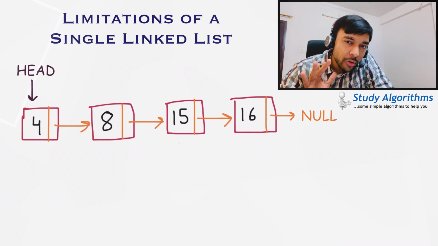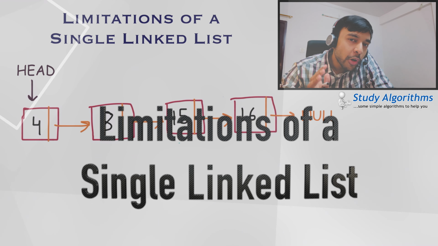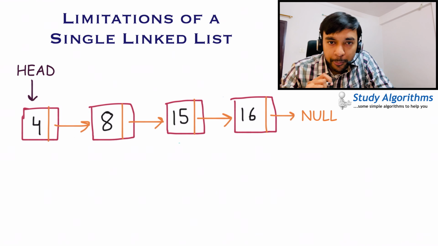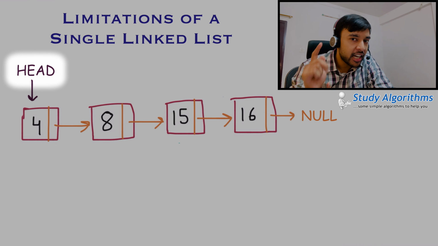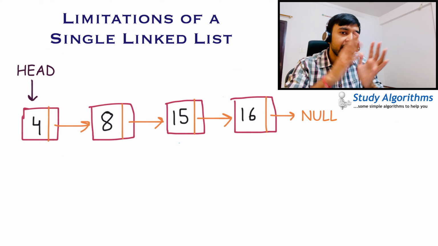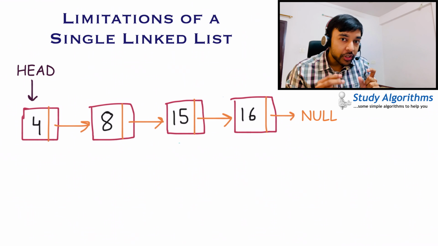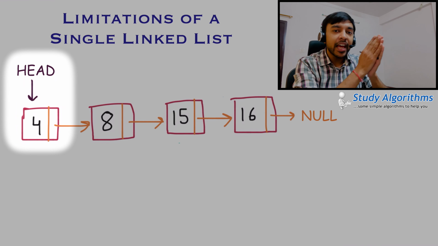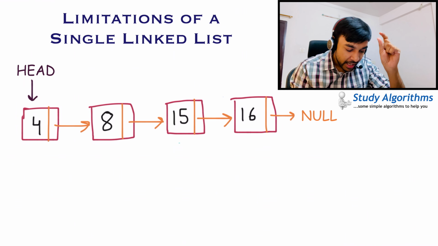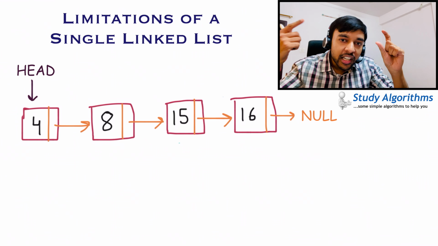Let us first look at a single linked list. How do you identify the starting points and the end points? You have a head pointer that points to any random location in your CPU memory, right? Now, what you do is you assign this head pointer the value 4 and then you can create a list.